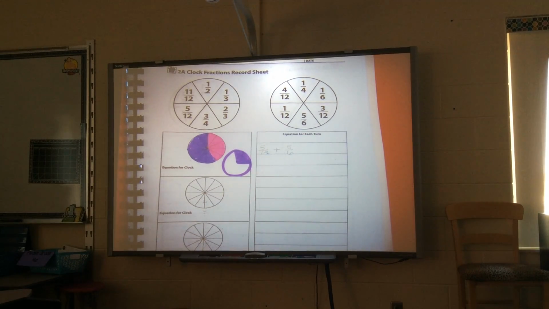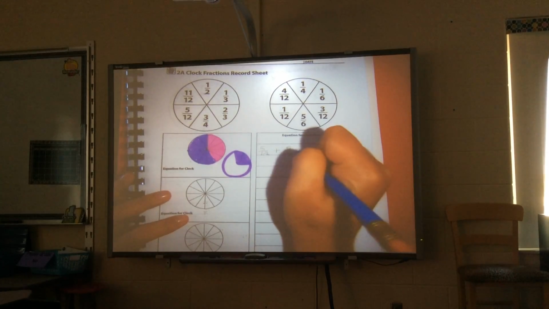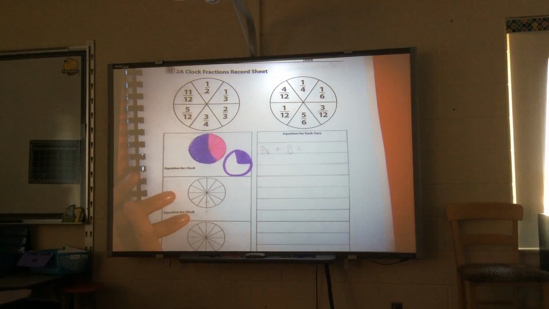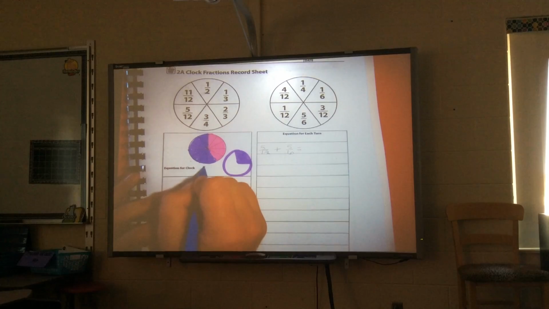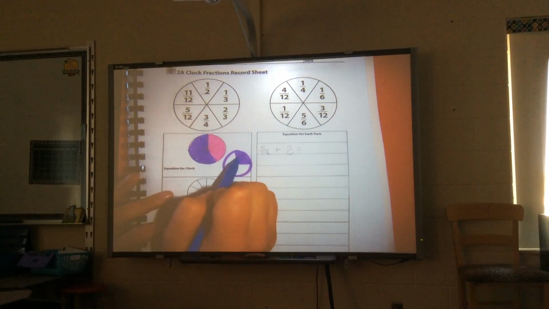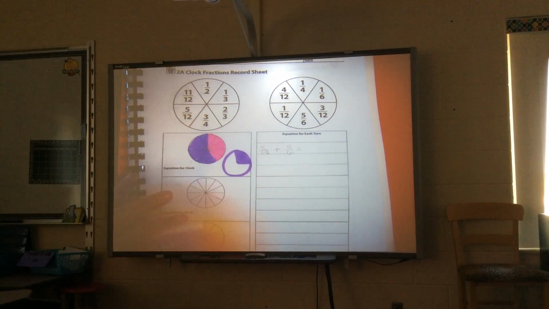So now I need to come up with my sum. How much is this worth? I can count it in 12ths, right? Because here I have 12 12ths, and then I have 3 more 12ths.